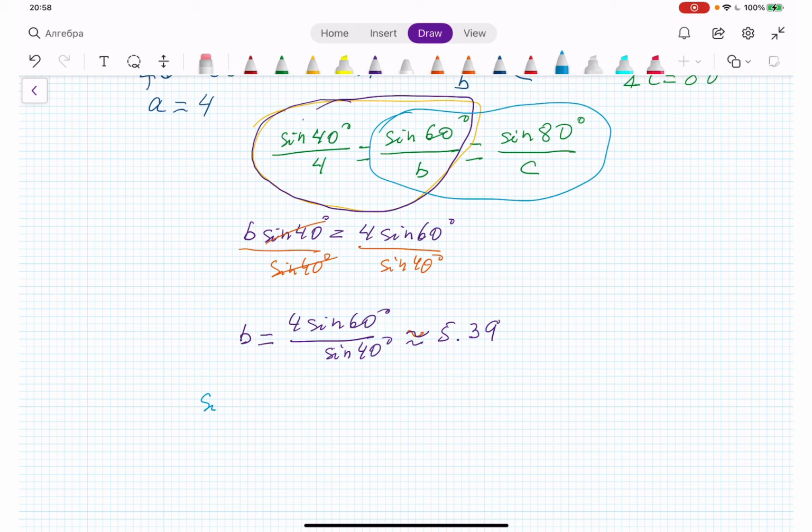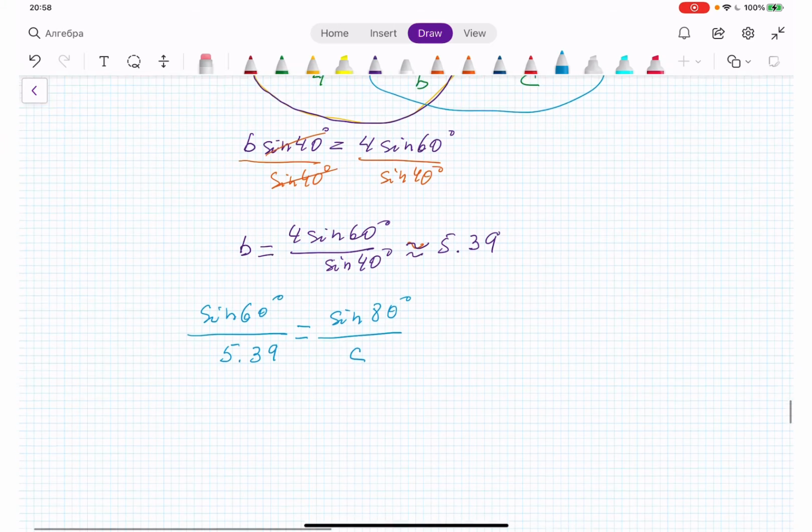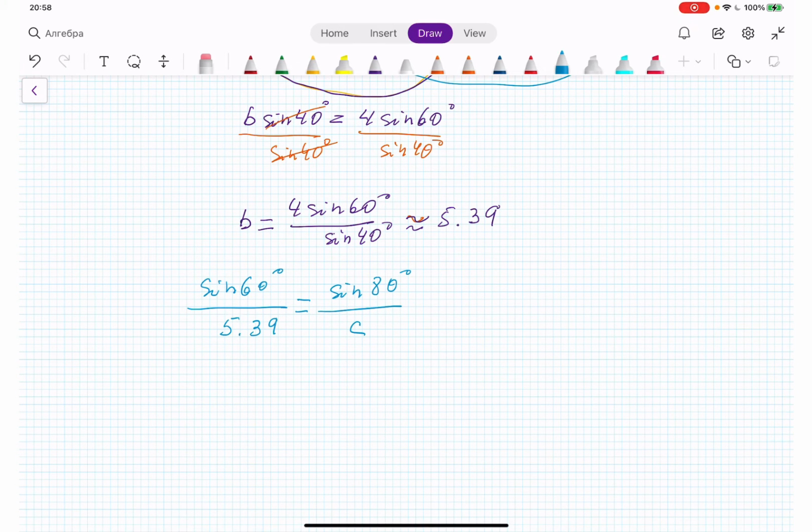So sine 60 degrees divided by 5.39 is equal to sine 80 degrees divided by C. Okay, so again I'm doing cross multiplication. C times sine 60 degrees equals 5.39 times sine 80 degrees.